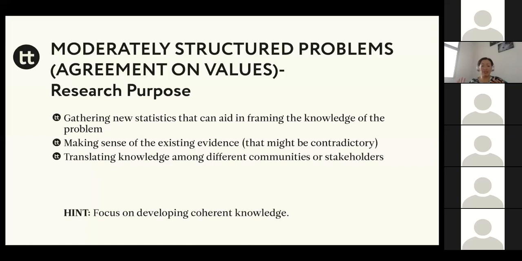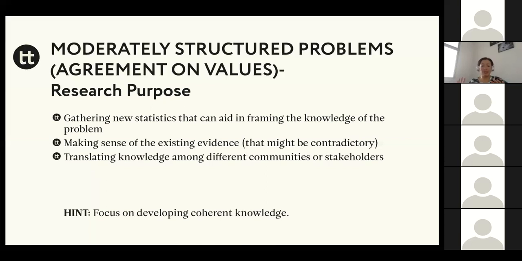The other purpose that research can have is translating knowledge among different communities. So we might take some other approach at understanding the positions of the different stakeholders and helping transmit this among the different communities. This will help us make sure that everybody is on the same page.